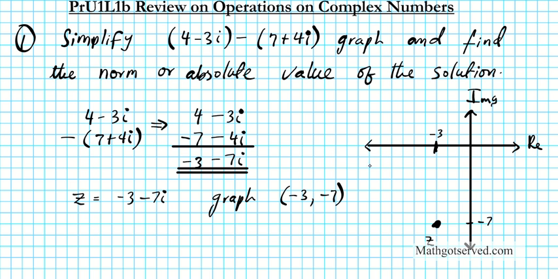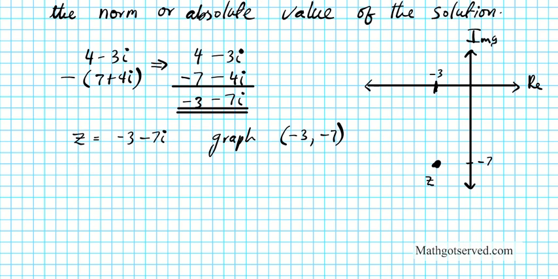Now I need to find the norm or the distance from the origin. Let's call it norm or absolute value. Basically, we're going to use the Pythagorean Theorem. So we have z squared is going to be negative 3 squared, that's a squared, plus b squared, which is negative 7 squared.